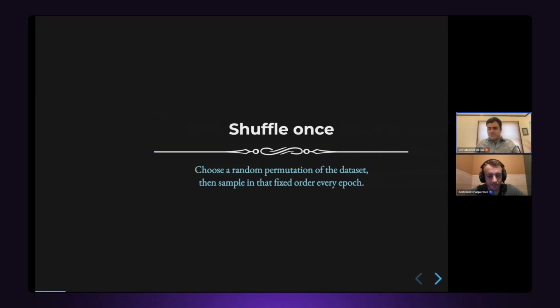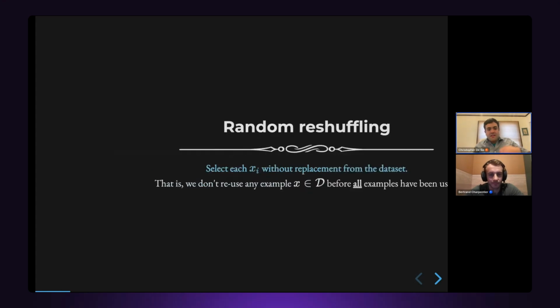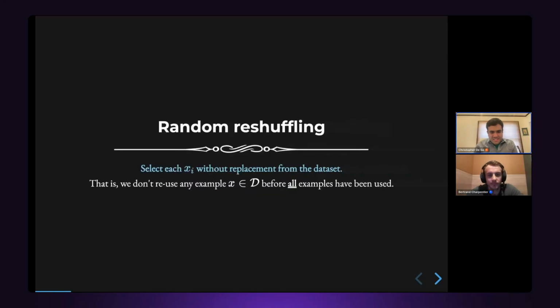But it turns out this is not as good as what you could do. There are other things that perform better, both in theory and in practice. A simple heuristic is to just shuffle the data set once and then sample in that fixed order every time you pass through it. Another very common heuristic is random reshuffling, where you basically sample each example without replacement from the data set.